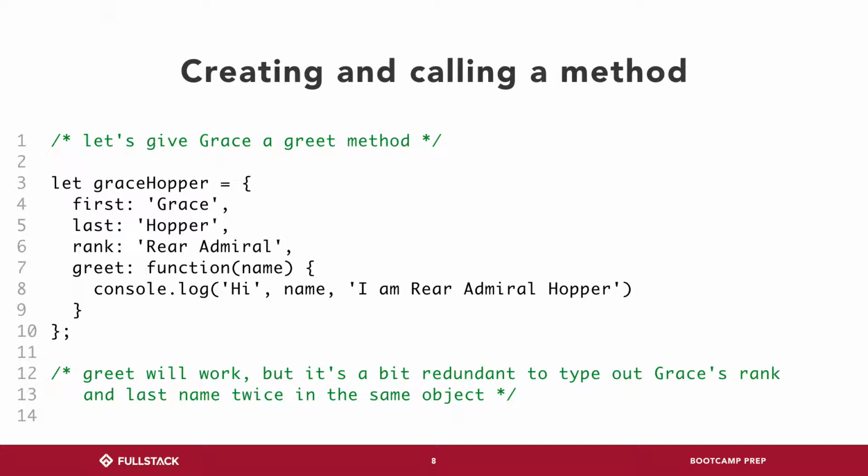Let's say you have a giant code base and a bunch of different phrases in this object. You have greet, say goodbye, say hello, apologize, thank, all these different functions, all these methods, and you're hard coding everything here. Let's say that now your rank changed.